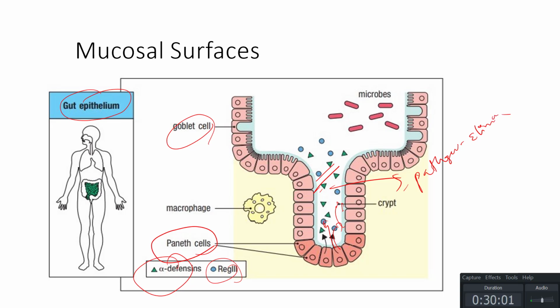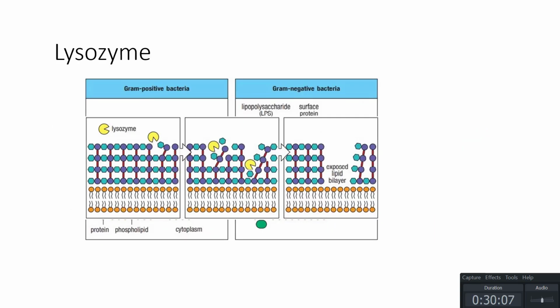Macrophages also will be there near the gut epithelium system itself. Then the lysozyme will come. Lysozyme has multiple functions. Any layer of bacteria, it goes and destroys. We talked about last week that there are gram positive bacteria and gram negative bacteria.